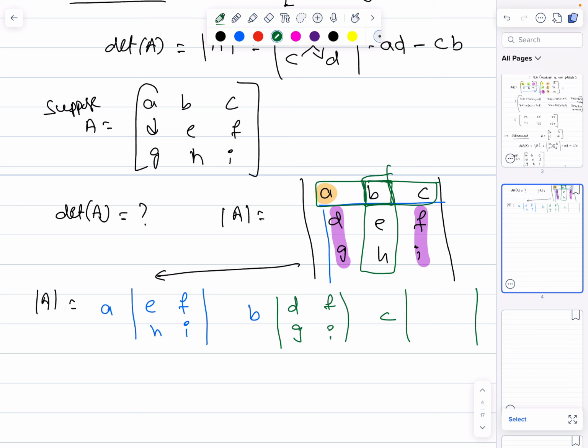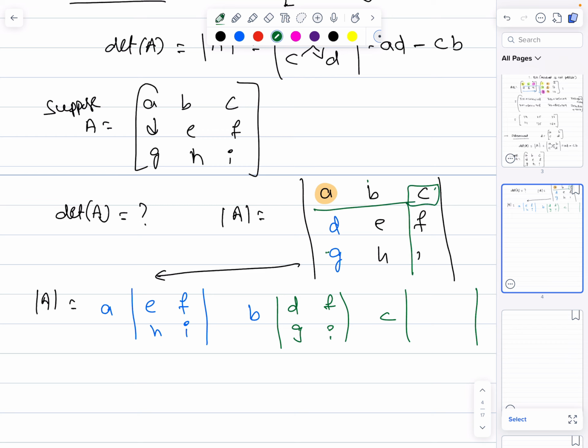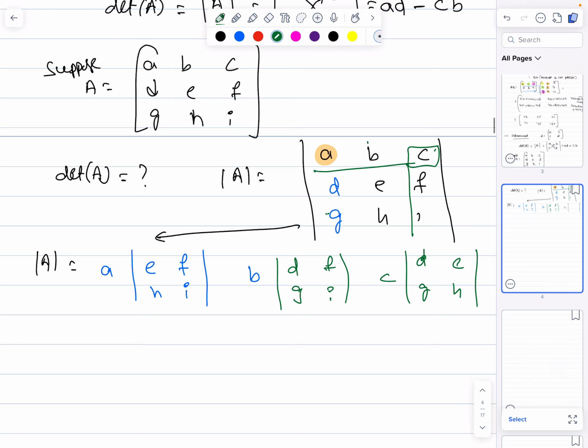Now the leftover elements. When you focus at C, you have to ignore that particular row and that particular column, so the leftover is D, E, G, H. And now you need to simplify.